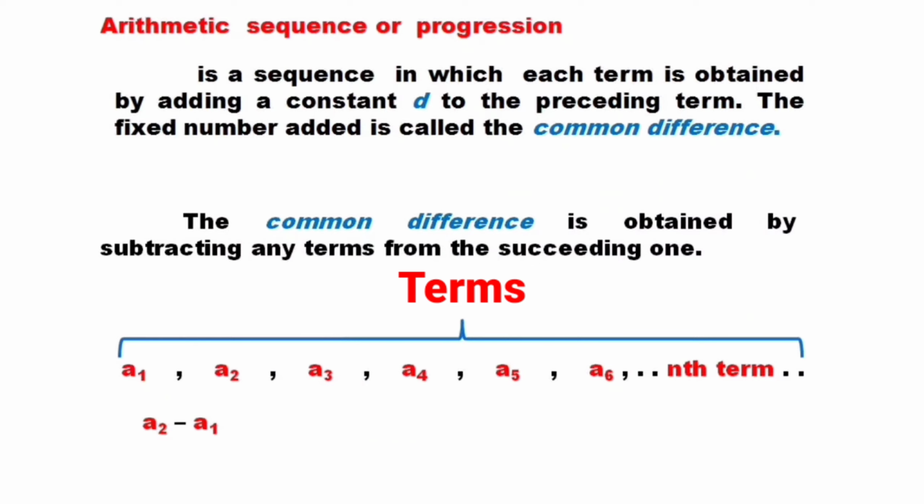Determining the common difference. Subtract the first term from the second term, or a sub 2 minus a sub 1.